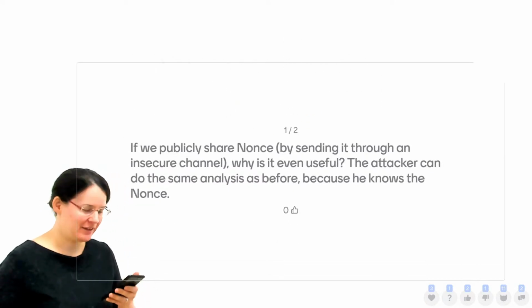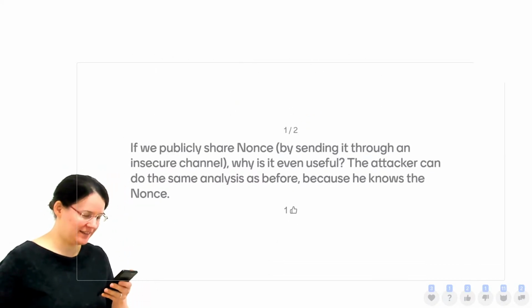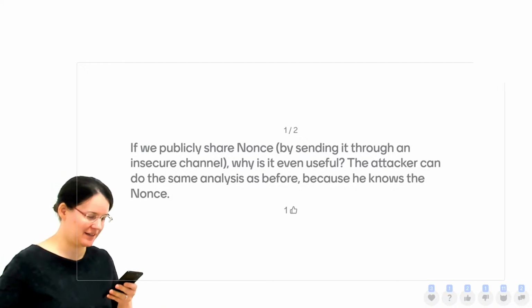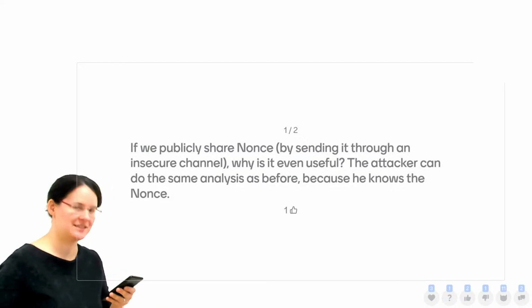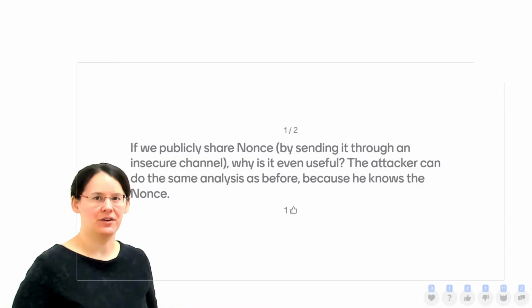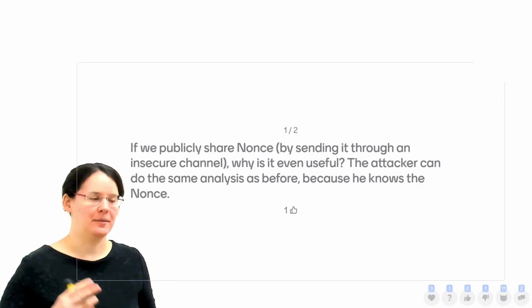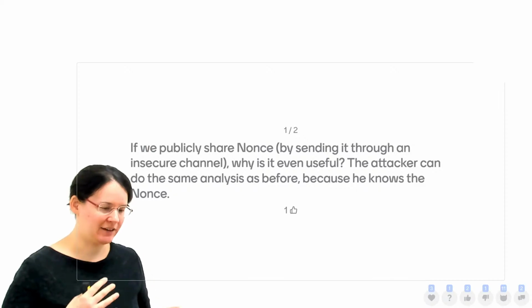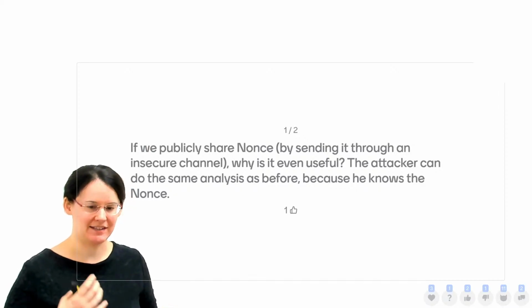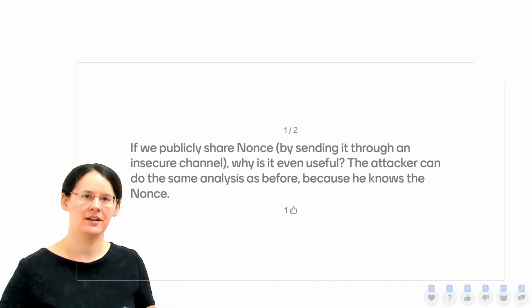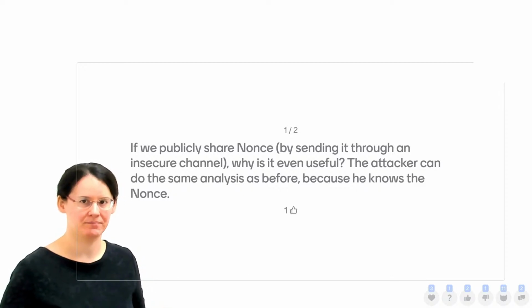Okay, if you publicly share the nonce by sending it through an insecure channel, why is it even useful? The attacker can do the same analysis as before because he knows the nonce. Yes, he knows the nonce. However, he cannot detect whether the messages are the same because he doesn't have the key and thus cannot evaluate the encryption scheme.